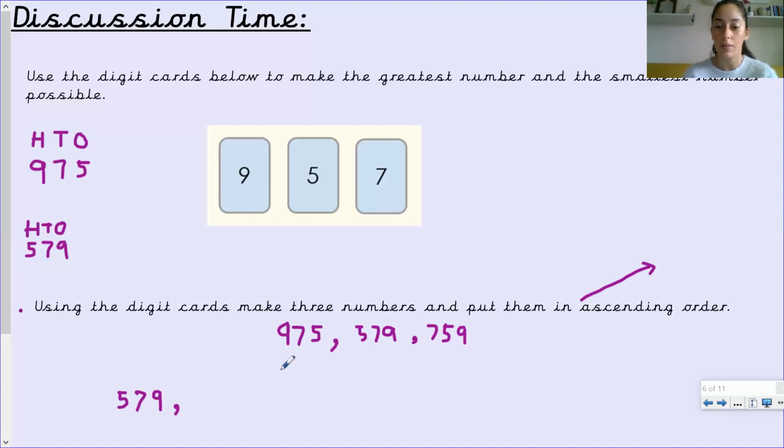My next smallest number is 759 because 7 in the hundreds column has a smaller value than 9 in my hundreds column. And then lastly, 975. So I've now ordered these numbers in ascending order. So my numbers are getting bigger as I go along.